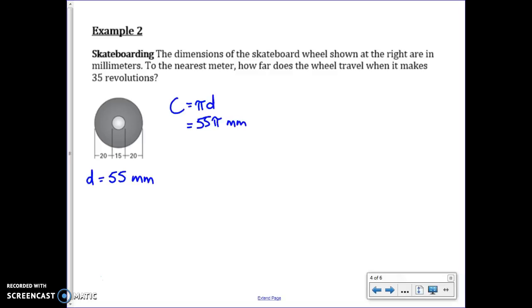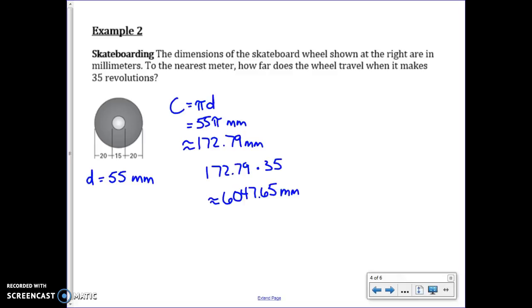Now, we can multiply that out and come up with about 172.79 millimeters. But again, that's only one time around the circle. We need to go 35 times, so we take this answer and multiply by 35, and I get 6,047.65 millimeters.